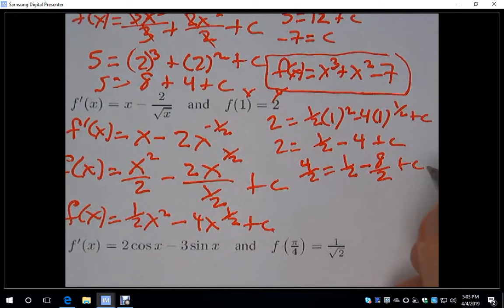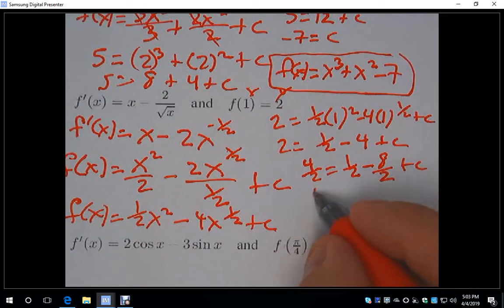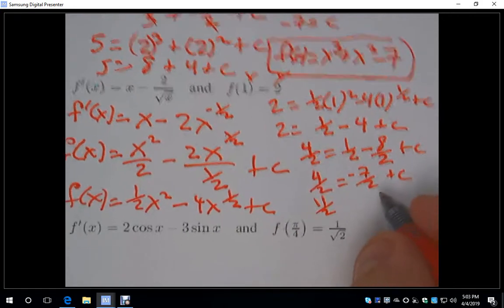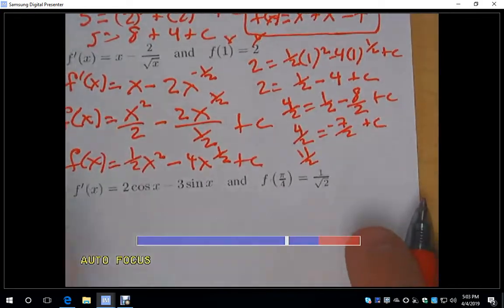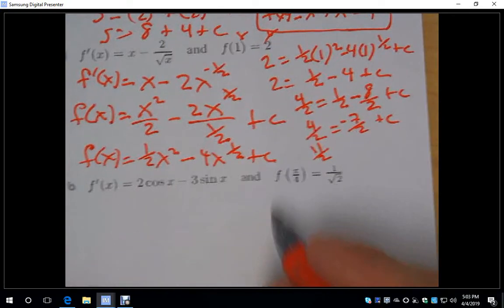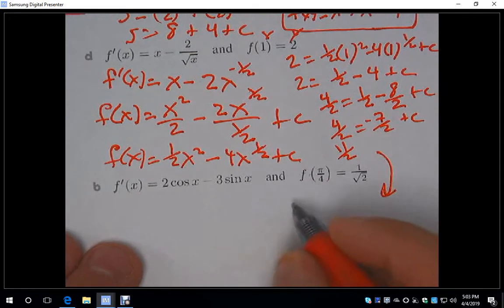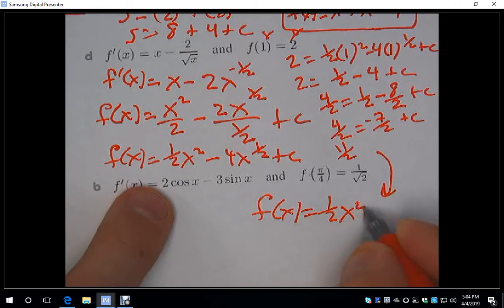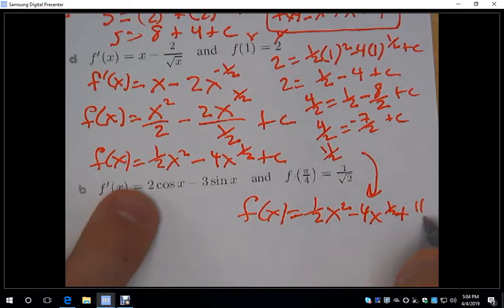Plus c. That gives us 4 halves equals negative 7 halves plus c. And then we're going to add 7 halves to both sides. We get 11 halves. So our function then, we've run out of room, so I'm just going to write it here. We have f of x equals 1/2 x squared minus 4x to the power 1/2 plus 11 halves.